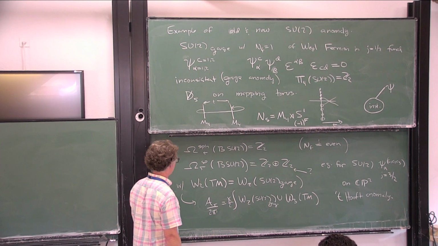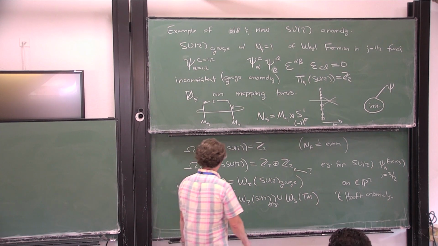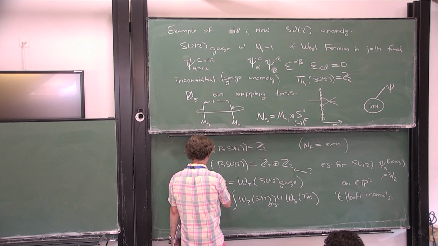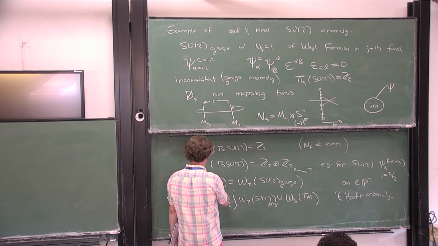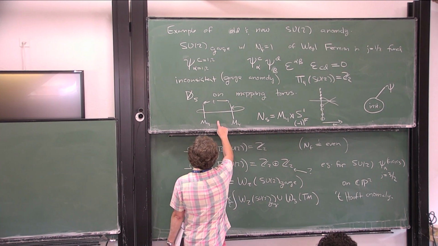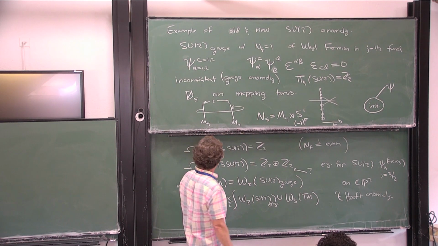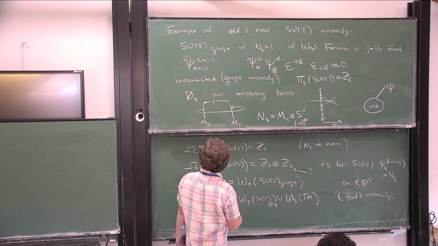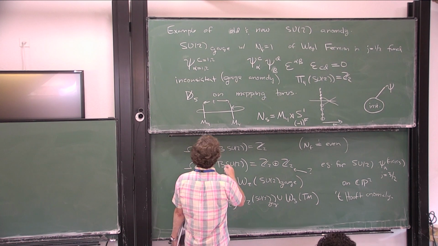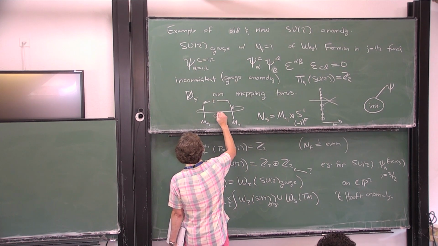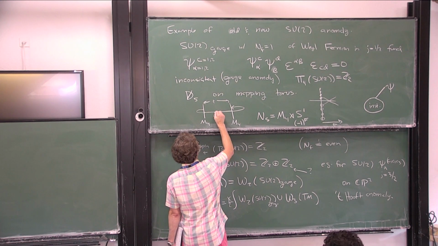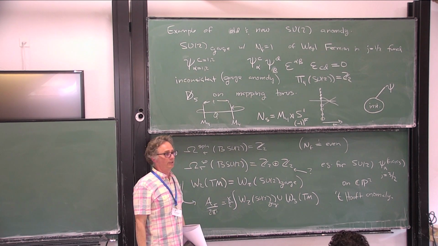Basically what happens is that if you put the theory on CP2, then there's an analog of this mapping torus construction, where you put in an isometry of the background of CP2.